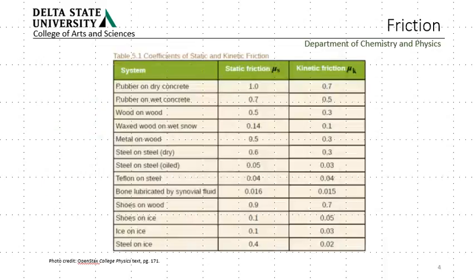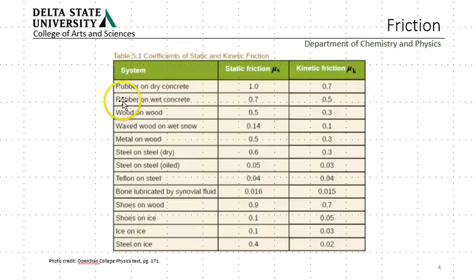So what does this coefficient look like? For most materials, you'll see two things here. It depends on the two different materials involved in the system. So here we have rubber on dry concrete: coefficient of static friction 1, and coefficient of kinetic friction 0.7.